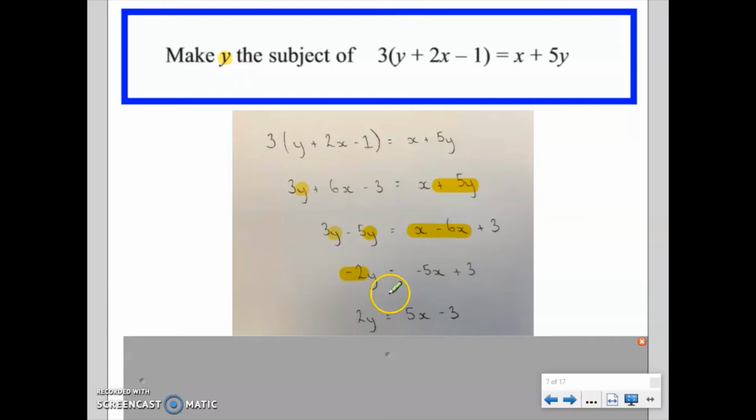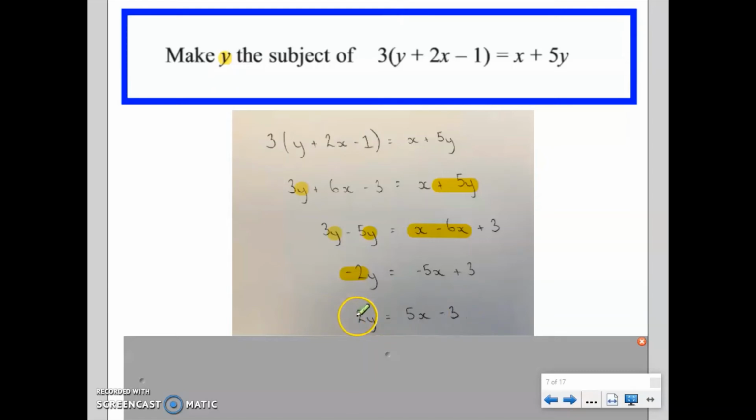So you can think about that as taking this minus 2y, putting it on this side, taking this minus 5x plus 3, putting it on this side. So that means the sign of every single term changes. And then I've just written it in the order where we've got y on the left-hand side, just for ease.